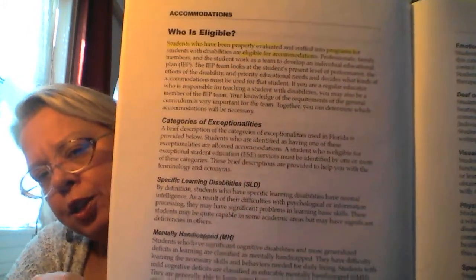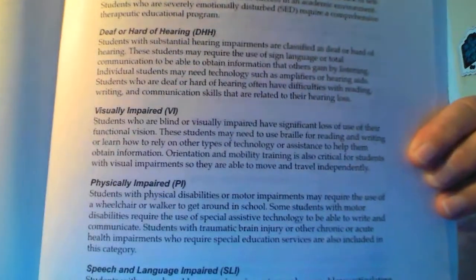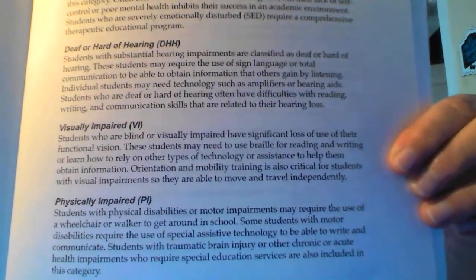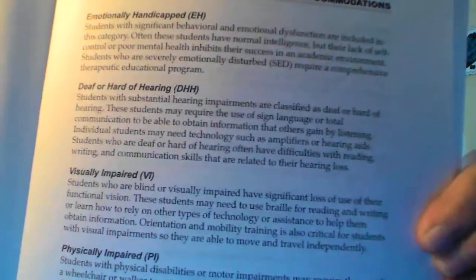So this gives you a brief description of what the exceptionalities are. The book did meet that criteria on the characteristics, cognitive, physical, and behavioral. It doesn't expound on it, but it does go into it briefly.